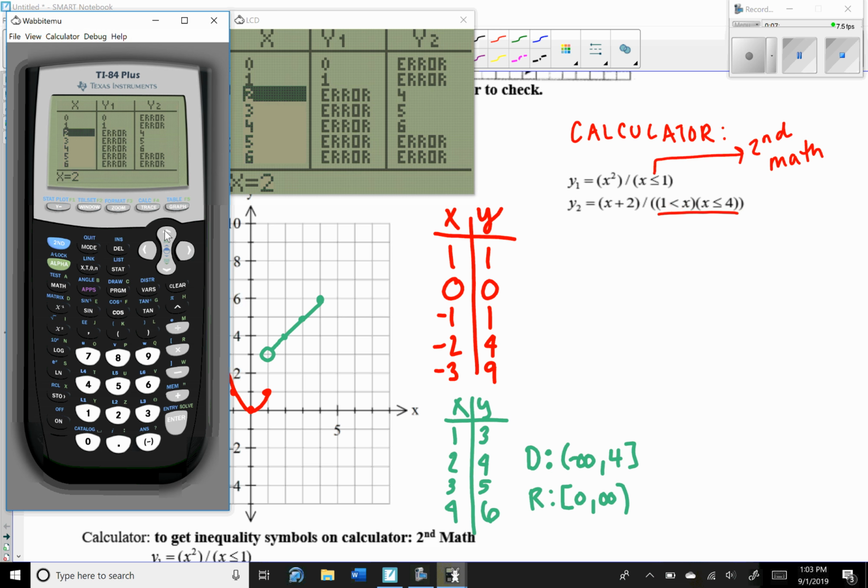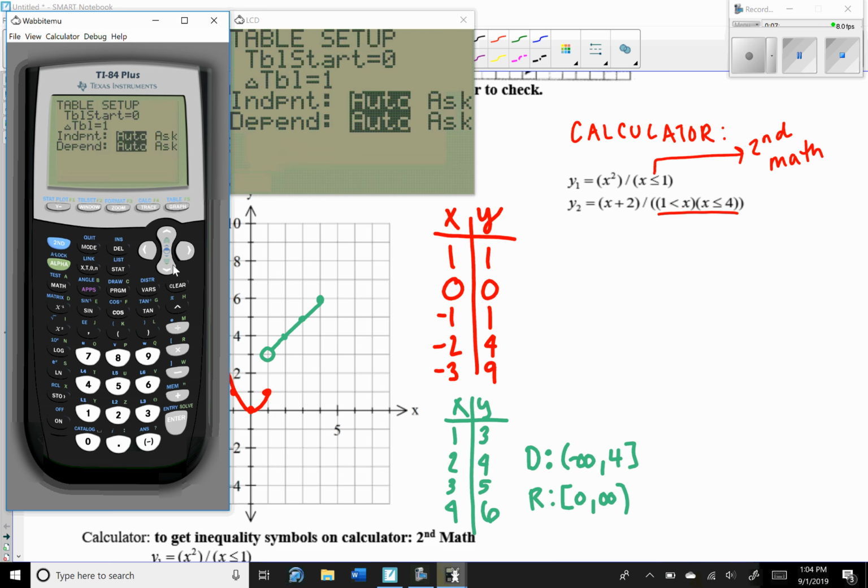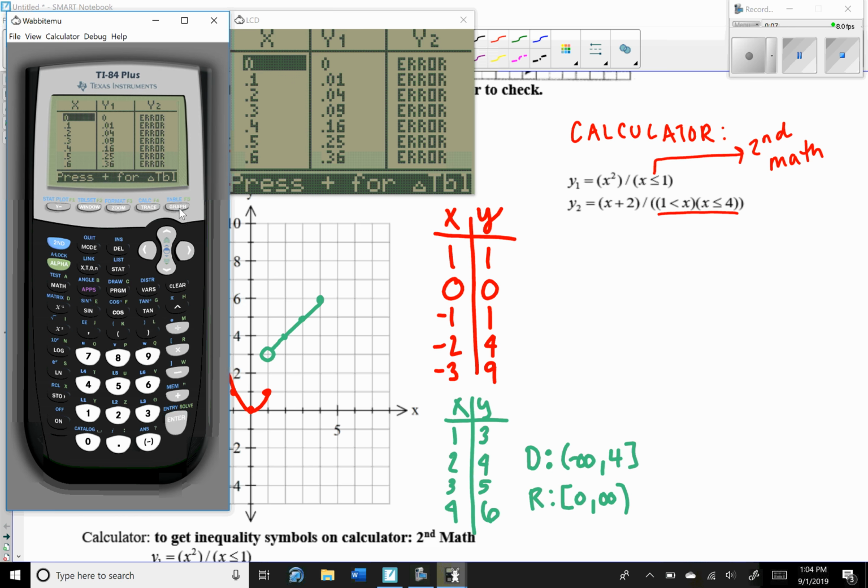So if I want to see the values from 1 to 2, because they are there, I can go to second window, and right here it says table change is what that means. So I can maybe plug in 1, let's go by 0.1s. And if I go back, you can see, oops, I should have started my window at 1.